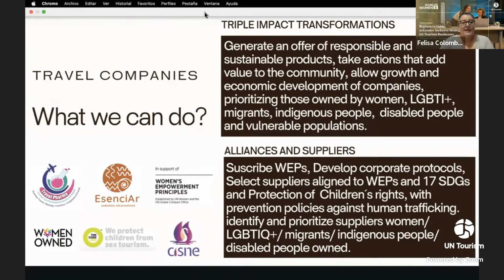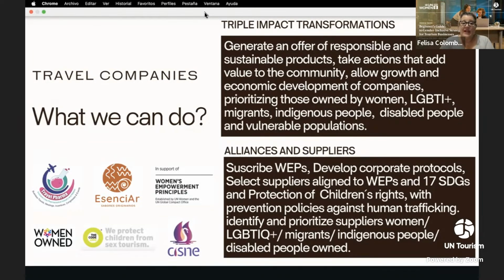Additionally, we must support the growth and economic development of businesses, especially those owned by women, LGBTIQ+ people, migrants, indigenous people, disabled people, or other vulnerable populations.